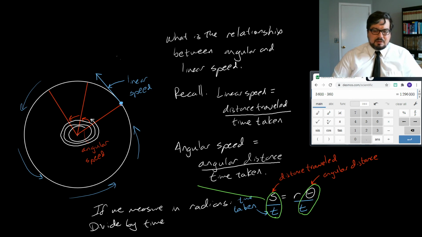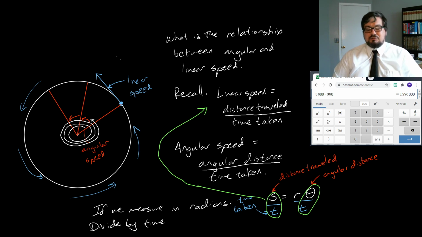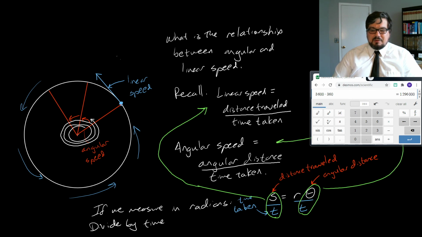I'm being quite silly there. S over t is the linear speed because S measures the linear distance that this object has traveled around the circle. Theta over t gives us the angular distance divided by time. So that does in fact give us the angular speed.